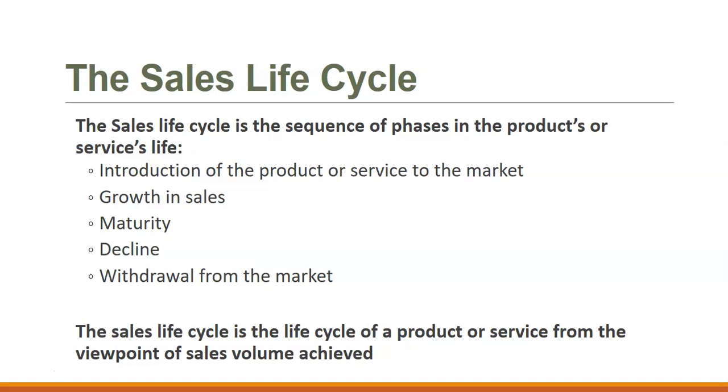After the point of maturity, sales can begin to decline, and we might reach the point of declining sales that we decide to withdraw that product from the market, or that product becomes obsolete and we withdraw it because we're replacing it with an updated product. So the sales life cycle is the portion of the life cycle from the viewpoint of our sales volume.